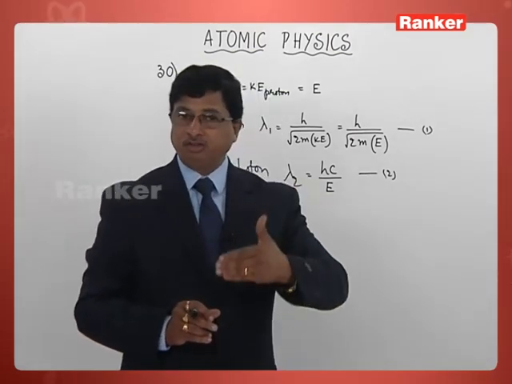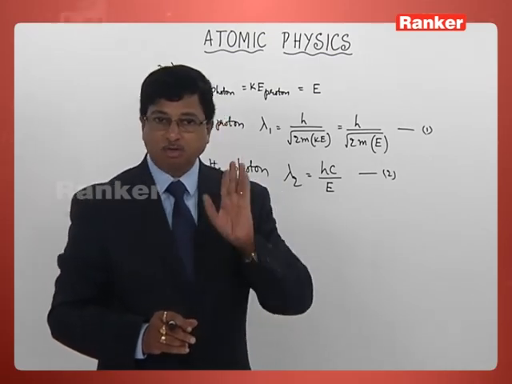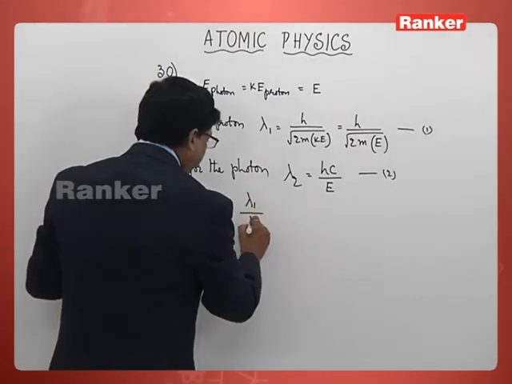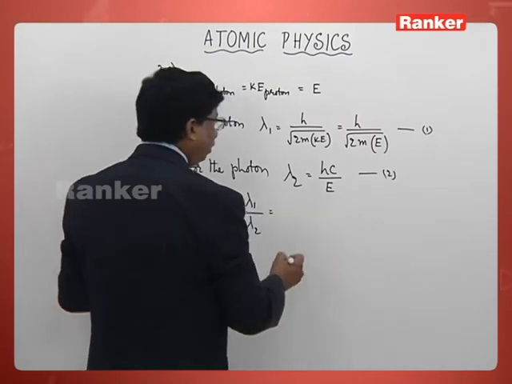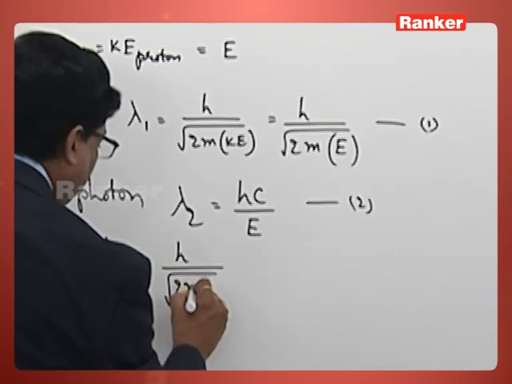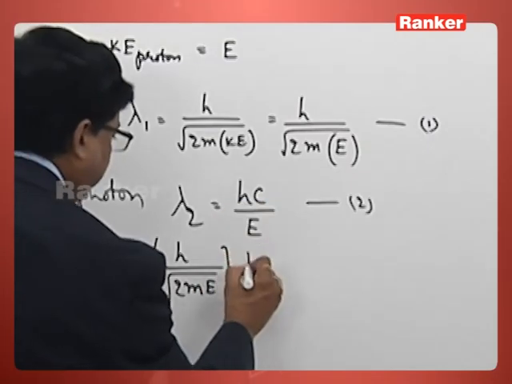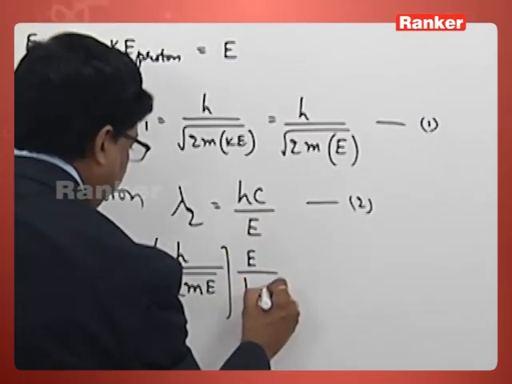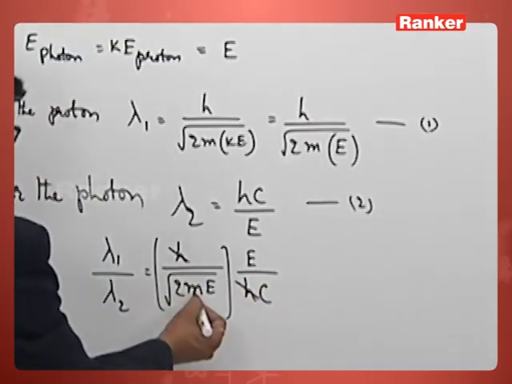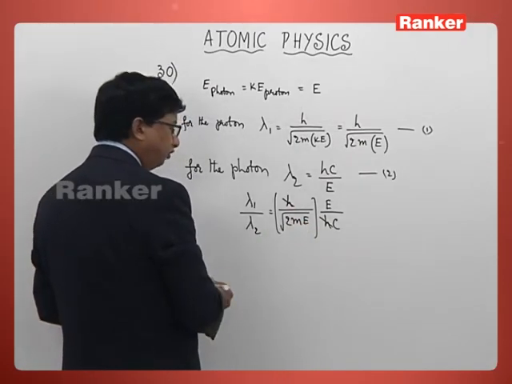Now what is the ratio he is asking? You look at first. Lambda 1 by lambda 2 we want. So write the same ratio. Lambda 1 by lambda 2 can now be written as h by under root 2mE, into, reciprocate this one, E by hc. h gets cancelled, fine. This is m to the power half, E to the power half, 2 to the power half.